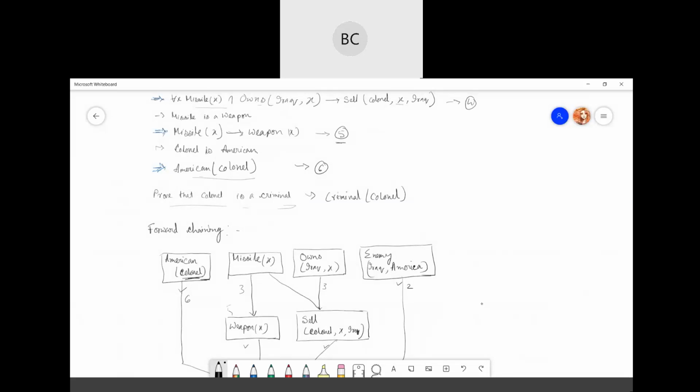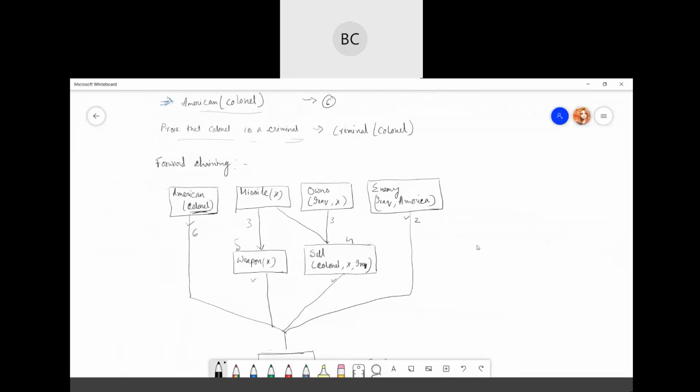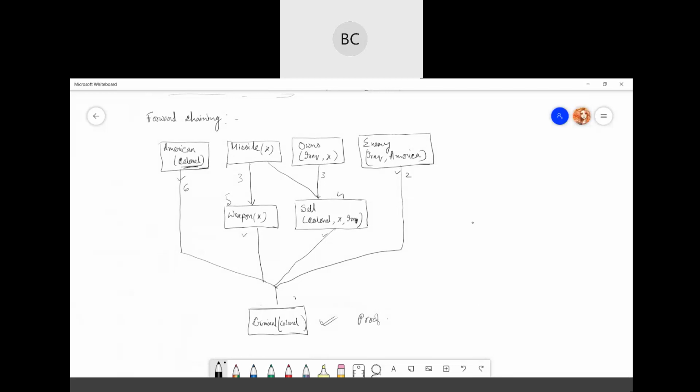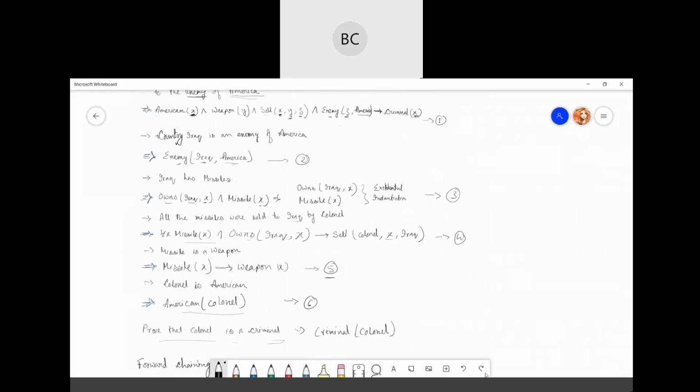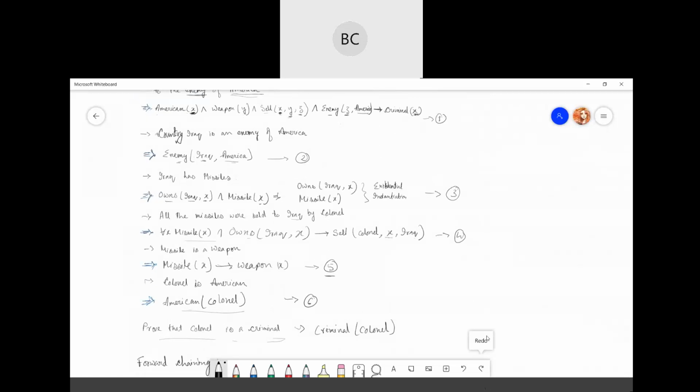Then this sells part also came from 4. Then this combination all comes to the 1 part, where you just substituted X by colonel. Forward chaining will start from the initial state.